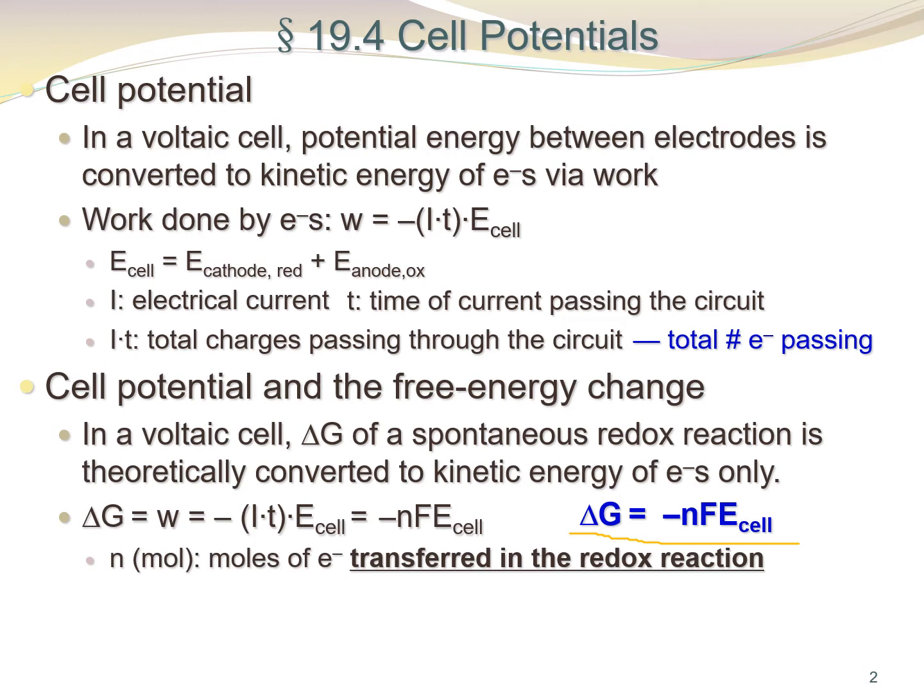And here N is the moles of electrons that have been transferred in the redox reaction, because we focus on electrons moving, right? So N is the moles of electrons. How do we know the moles of electrons? Remember, the third task when we balance a chemical equation is to figure out how many electrons must be equal in losing and gaining electrons.